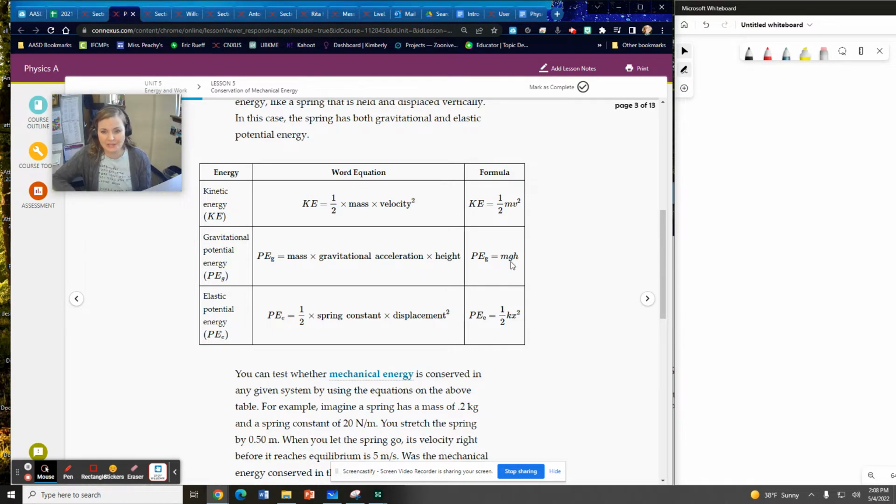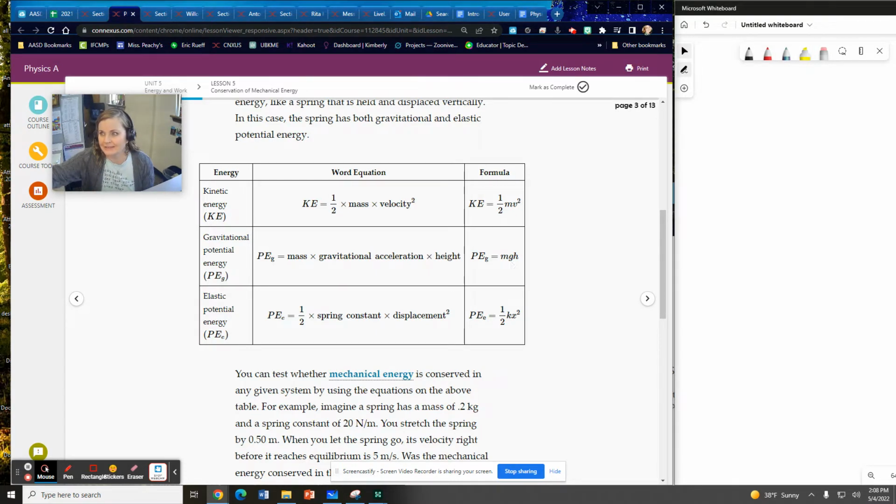Now it introduces a new type of potential energy, and that is elastic potential energy. I demonstrated that with the rubber band the other day in one of my previous videos, but we haven't talked yet about this formula, so I wanted to go through it with you.